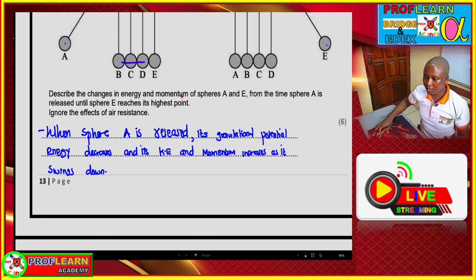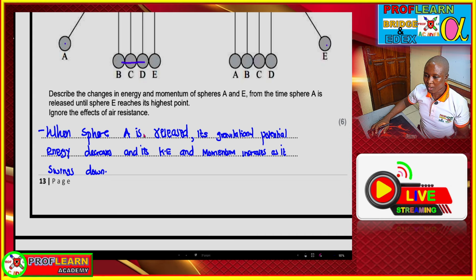Describe the changes of energy and momentum of sphere A and E, from the time sphere A is released until sphere E reaches the maximum point. So you have to ensure that you articulate your answer in such a procedural way that the examiner is going to award you all the 6 marks.